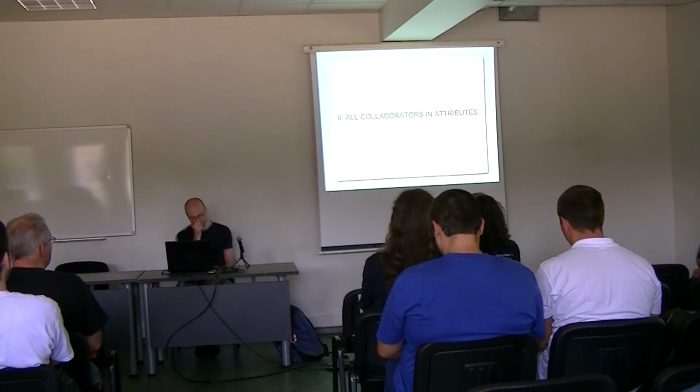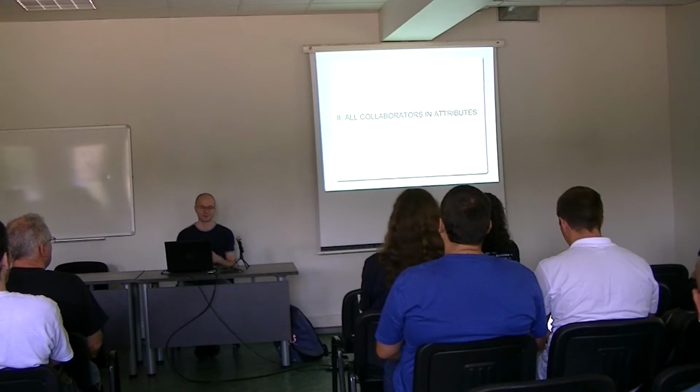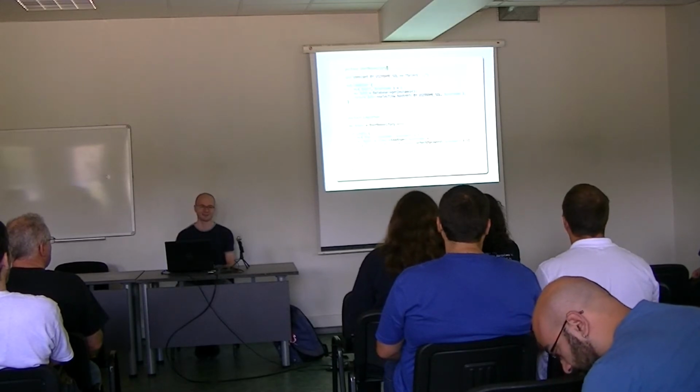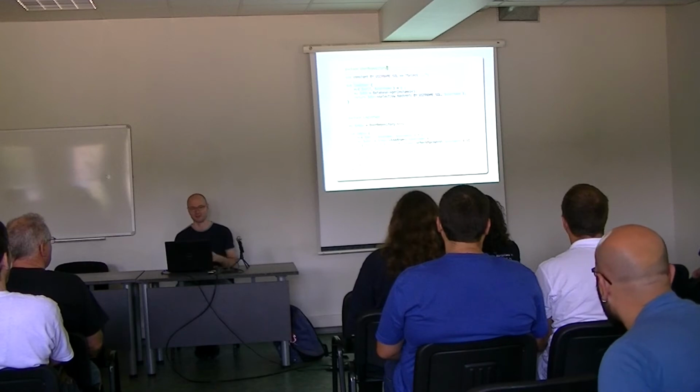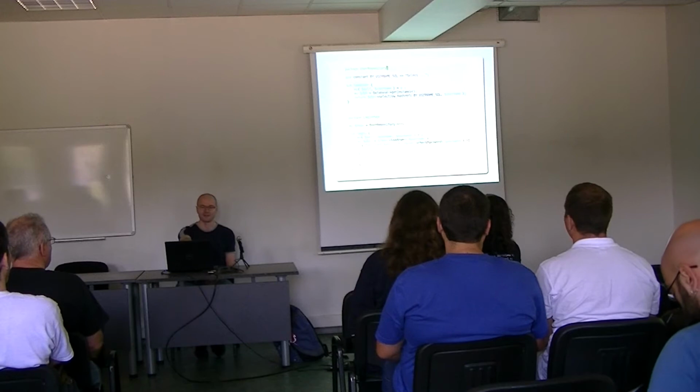Another notion that is related to dependency injection is that you keep all collaborators in attributes. You can say that it's basically object-oriented programming. But if you look at code like this, it says it's object-oriented, but it uses this Database get instance.